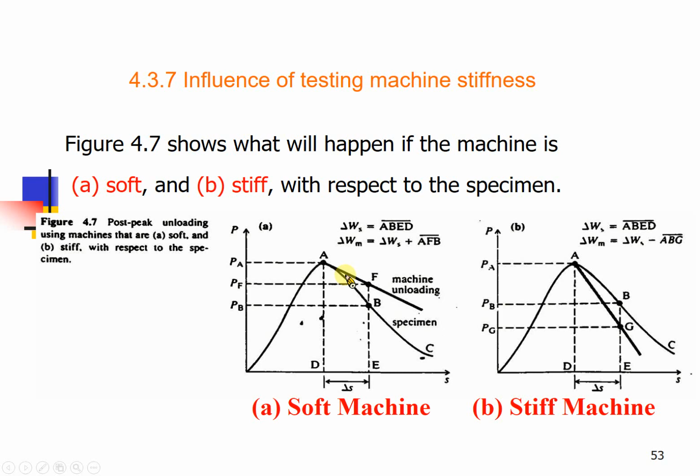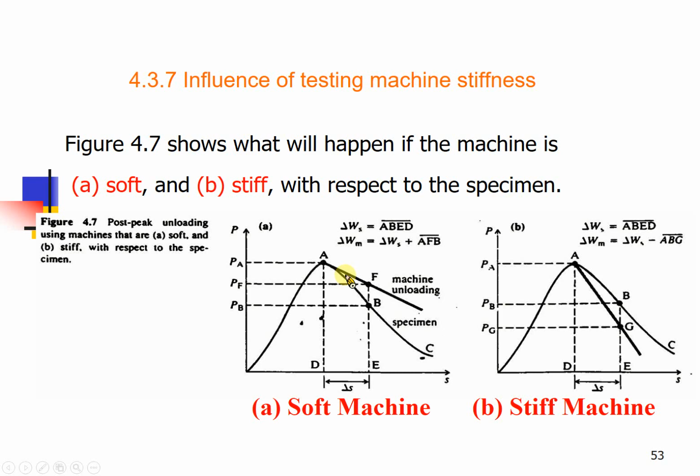Then you will control it, as I showed you. If you load the machine in this direction, for example, if you have a motor and you rotate it like this, when the rock just attains the peak strength, you roll back the hydraulic loading system.